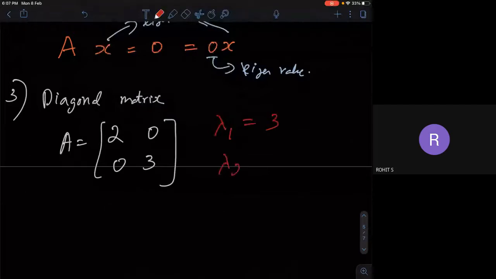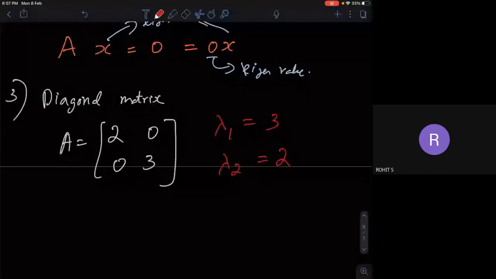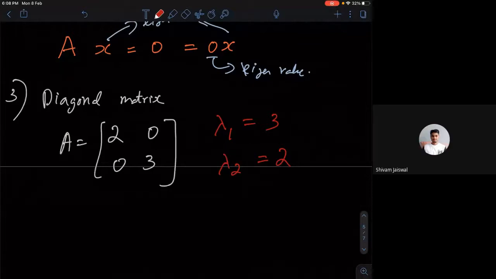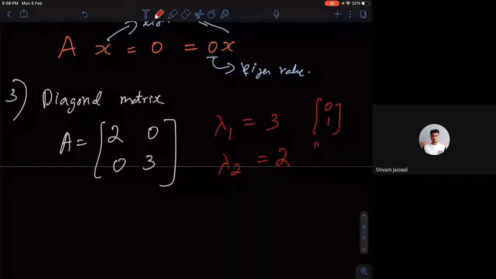Lambda 2? What are the corresponding eigenvectors? The eigenvectors corresponding to these values. 0, 1 here. And here, 1, 0.